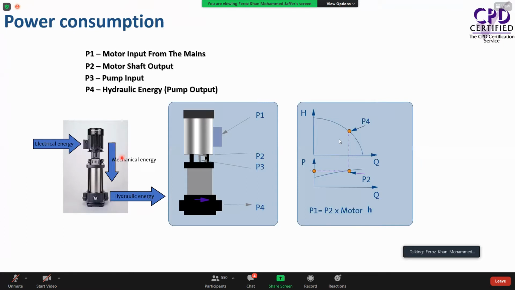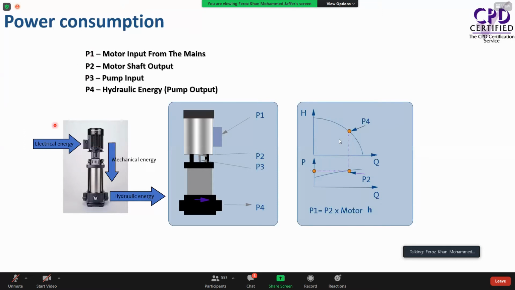In pump terminology, we come across 4 different power terms. P1 is the ultimate power that we consume. P1 is the power consumed by the motor. It is the power that we pay for, which we consume from the grid.